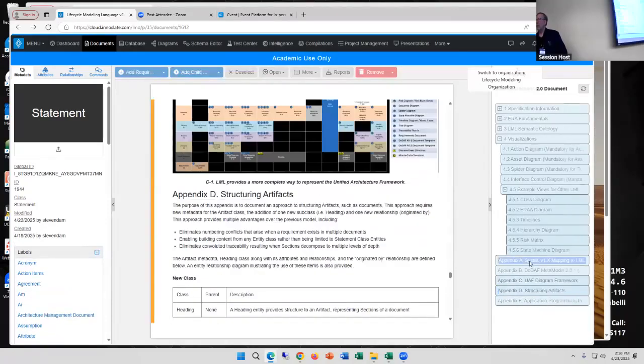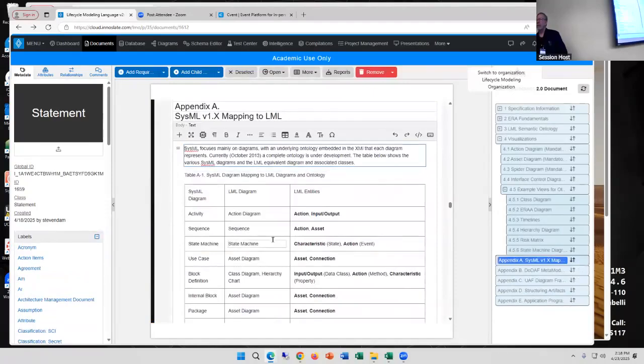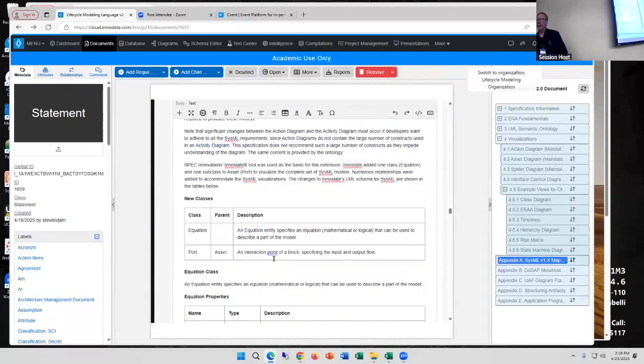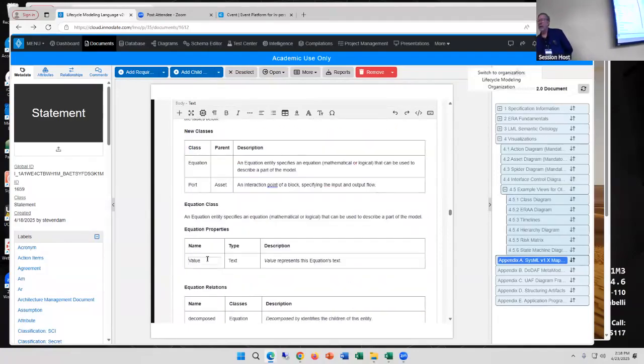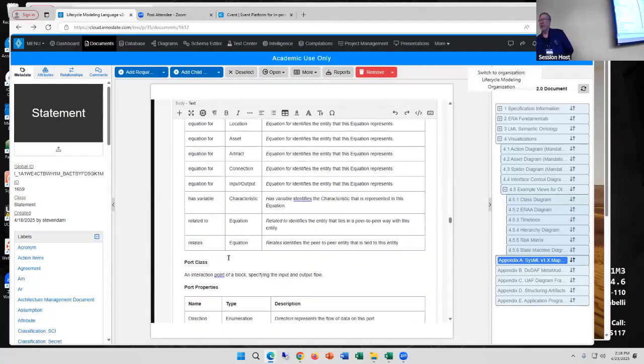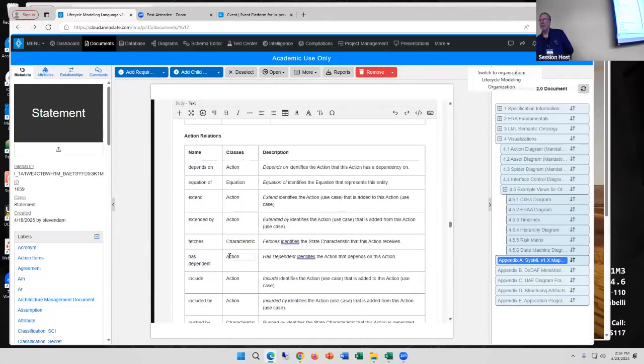For those who aren't familiar with the SysML v2 mapping, we actually found we did not have to do a lot. We added the equation class and a port subclass. Those were the only ones we had to do in terms of actual classes of information. But there were a lot of relationships, I will tell you, and particularly for equation and port class equations.